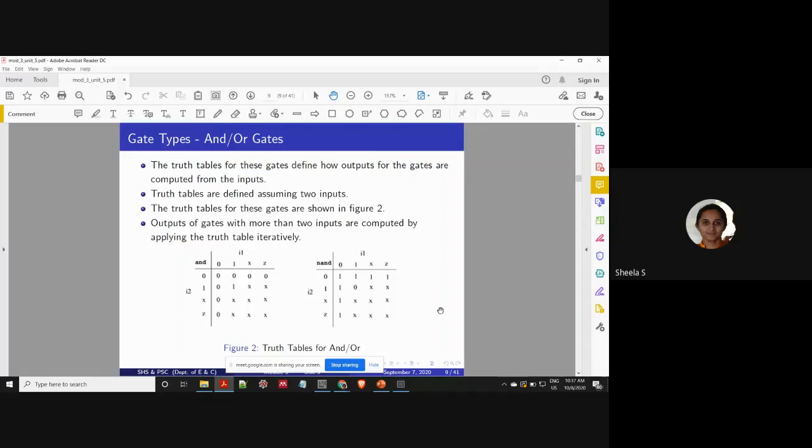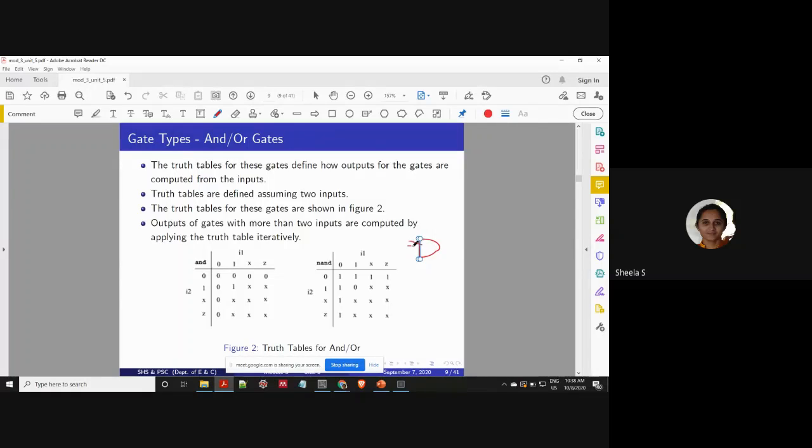Similarly, what happens if we are using 3 inputs? First, it is going to determine the output for two inputs, and then that output is considered as an input for another NAND gate. So for example, here is how three inputs are considered: let us consider this is a three input AND gate.